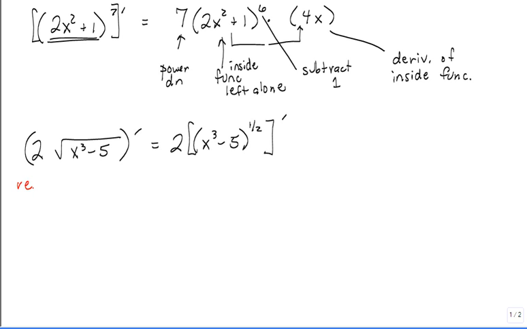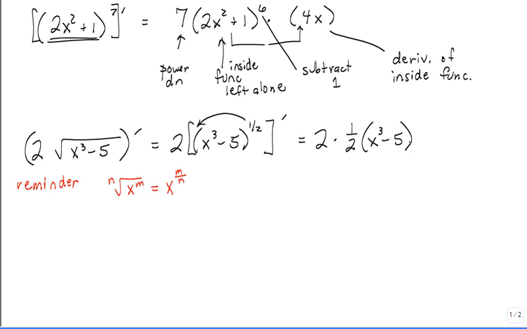So just for a reminder, the inside power is the numerator and the outside radical, the index, is the denominator. Okay, so on this we leave the 2 alone, we bring the power down, we leave the inside alone, we subtract 1, 1/2 minus 1 is negative 1/2, and we come back and take the derivative of the inside.